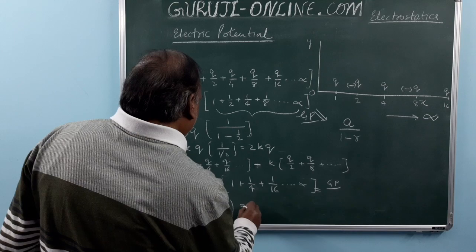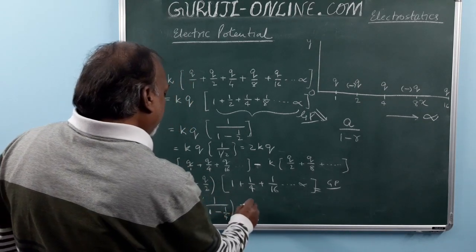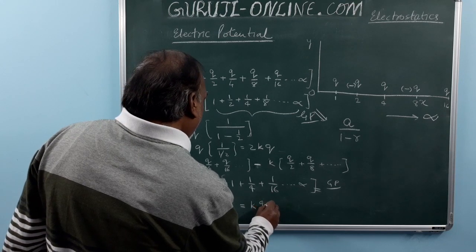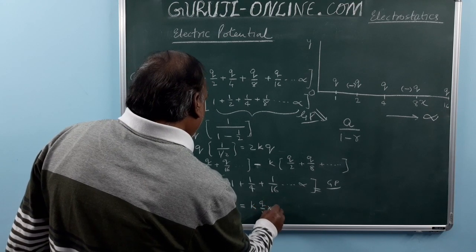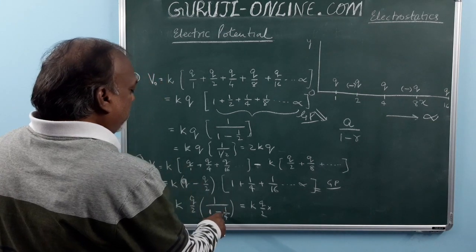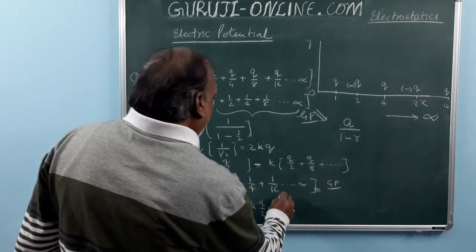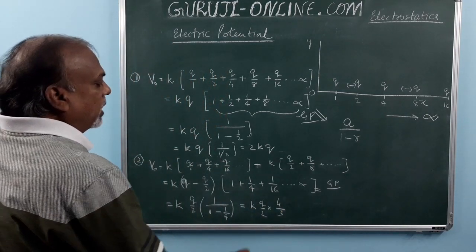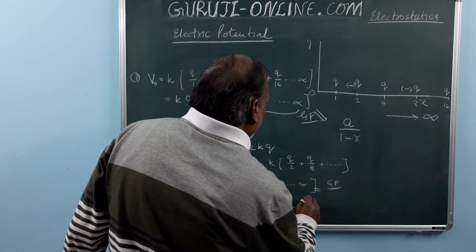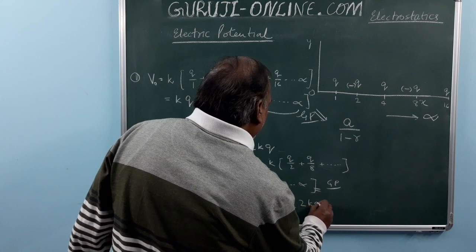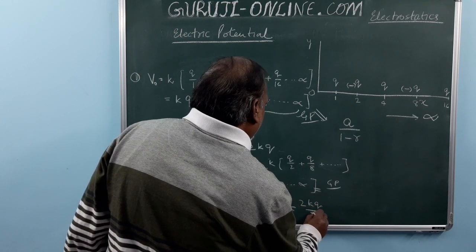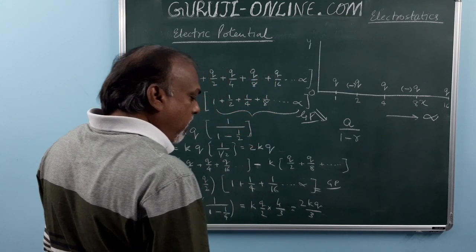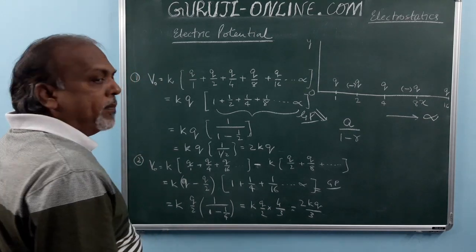This will be nothing but K Q by 2 into 3 by 4, 4 will go up and 3 will be down, so it will become 2KQ upon 3. Correct?